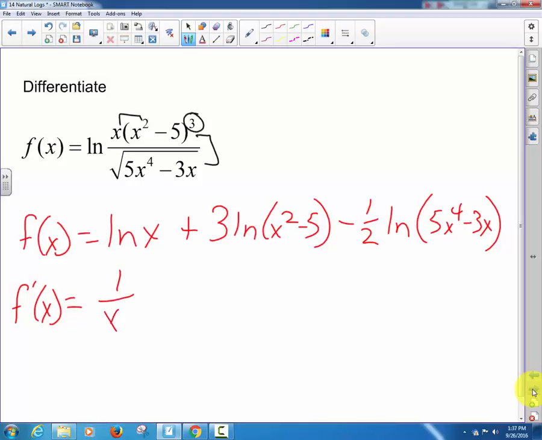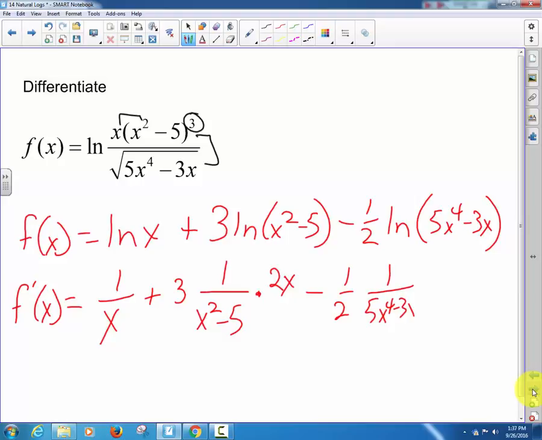The first one is easy. We know it's going to have a 3, 1 over the argument times 2x. Boy, that was easy. Minus, we know it's going to have a 1/2, 1 over the argument times... and provided we don't have to get a common denominator and write that as one fraction, that was a relatively easy problem, wasn't it?